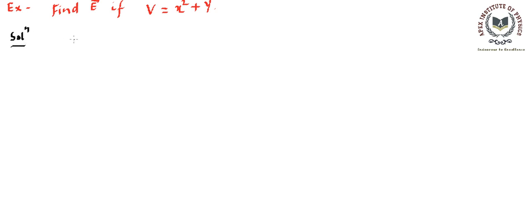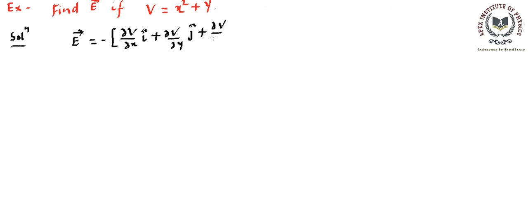So the solution is going to be E as a vector is equal to minus del V upon del x i cap plus del V upon del y j cap plus del V upon del z k cap. So this is in three components form, which we usually write as minus del V or gradient of V. Anyway, these are the partial derivatives.